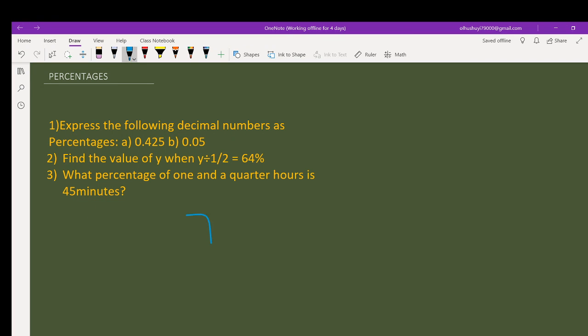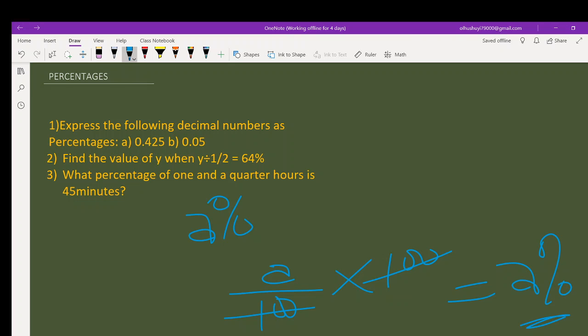If I tell you express this as a percentage, this is already 8% as a percentage. It's already in percentage, but just multiply this by 100, and your answer is still 8%. Do you see that? Good.